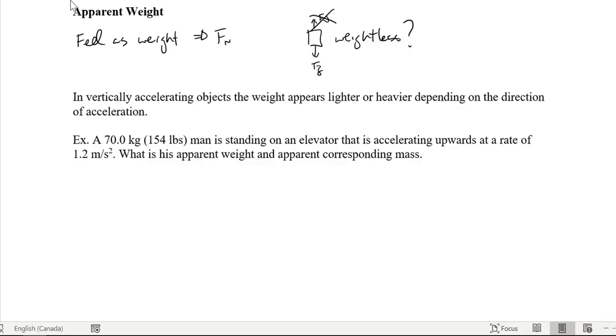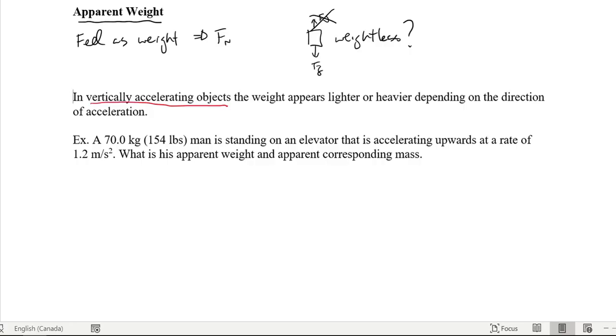So that brings about something called apparent weight, because sometimes we feel like we weigh heavier than we actually do. And that happens in vertically accelerating objects like elevators, or roller coasters. So your weight appears lighter or heavier depending on the direction of acceleration.